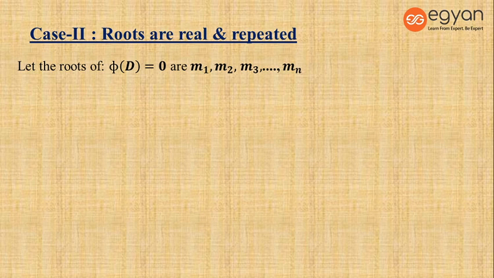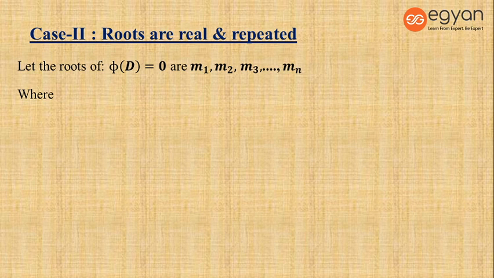Now the second case is when roots are real and repeated. Suppose once again the roots of phi of D equal to 0 are m1, m2, m3, m4, m5 and so on up to mn.